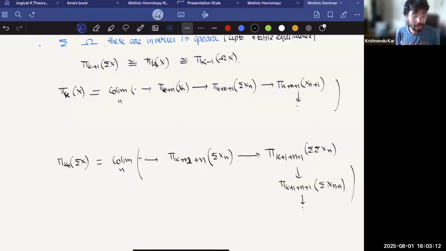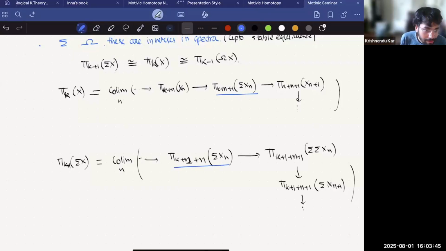Now I want to show that these two colimits are equivalent. That means that if I focus on a subsequence of the index category that is also cofinal, and then take its colimit, it will still be the same, right? All you have to do is find that cofinal subsequence indexing. So what is that indexing? I will make sure that this guy matches with this guy somehow.